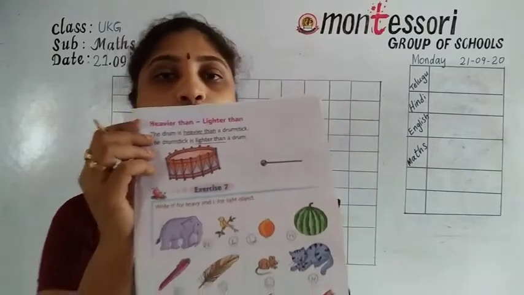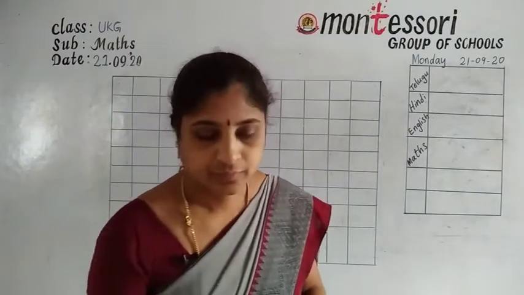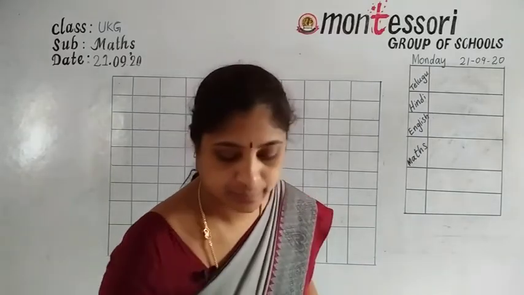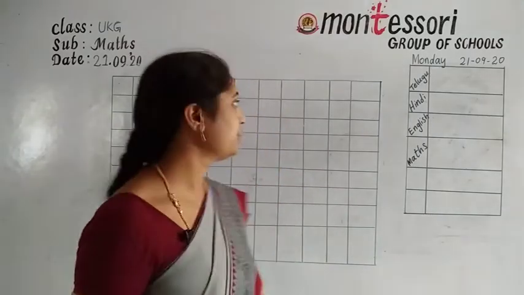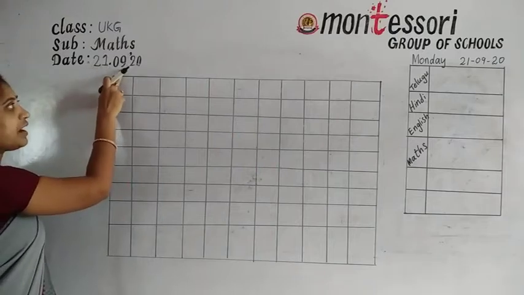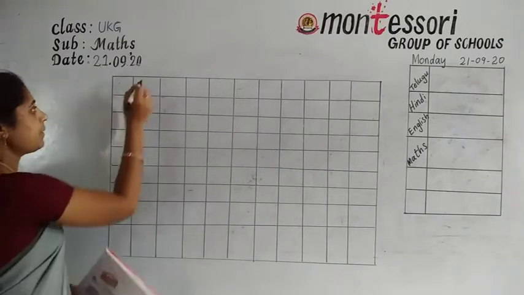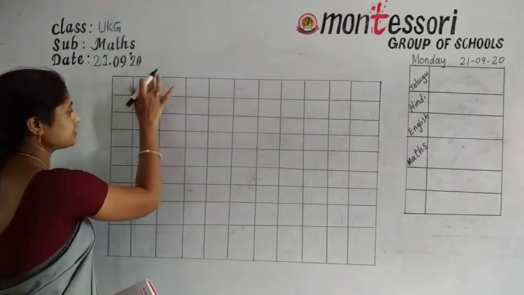Okay, now open your maths notebooks. Open your maths notebooks. First, write the date: 21/9/2020. On the top, write the heading, leave two boxes.